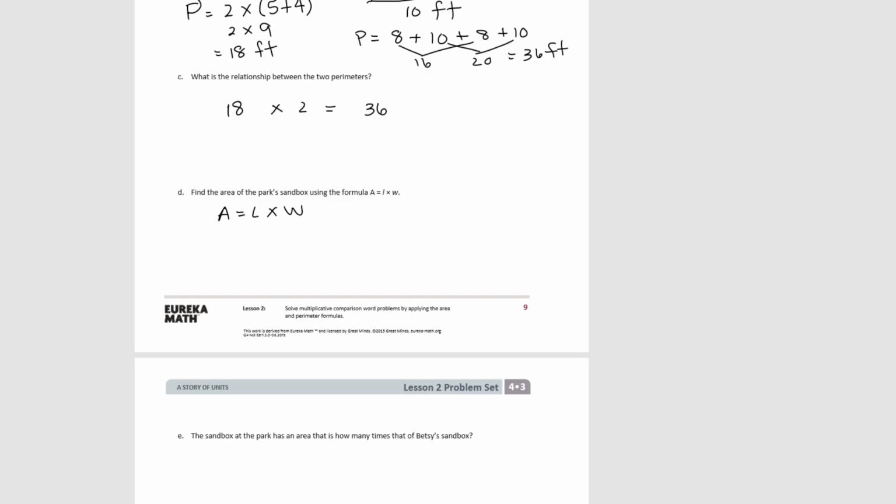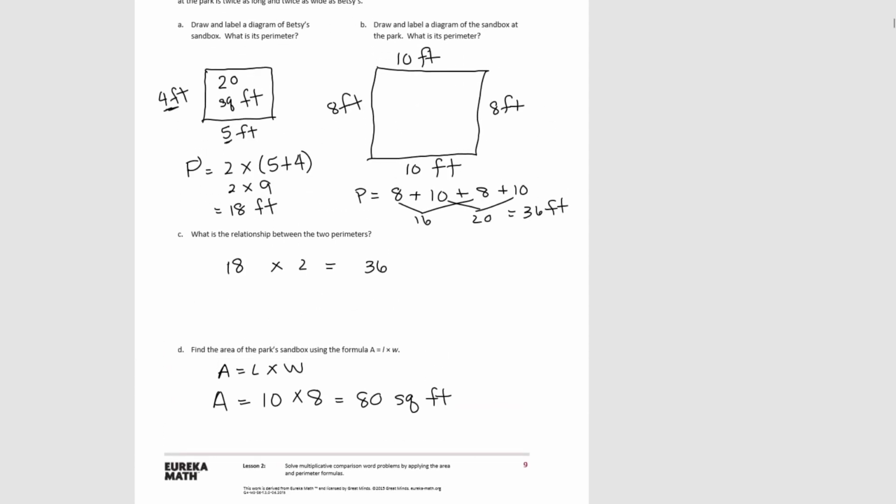So the area of the sandbox in the park was 10 feet times 8 feet. So we got 80 square feet. If we go back for a moment and look at Betsy's, we see the area of her sandbox was 20 square feet. And now the area of the sandbox at the park is 80 square feet.